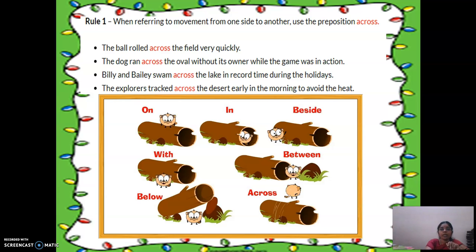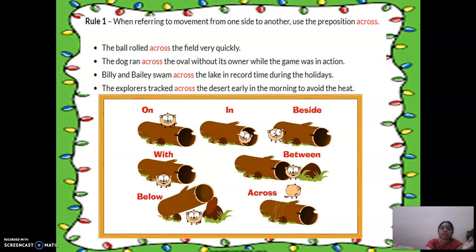Rule number 1 for the preposition across: when referring to movement from one side to another, we use the preposition across. The ball rolled across the field very quickly.